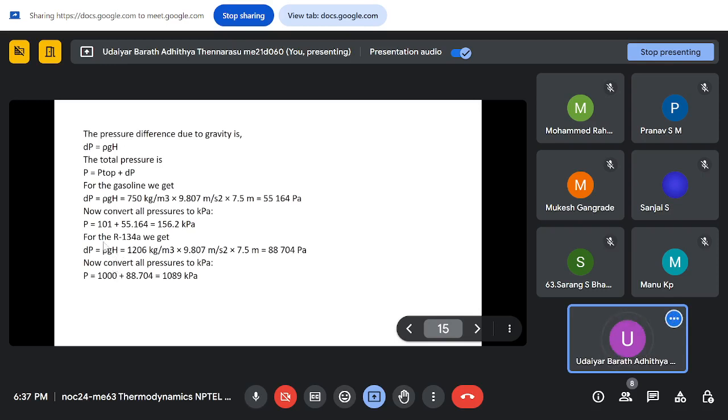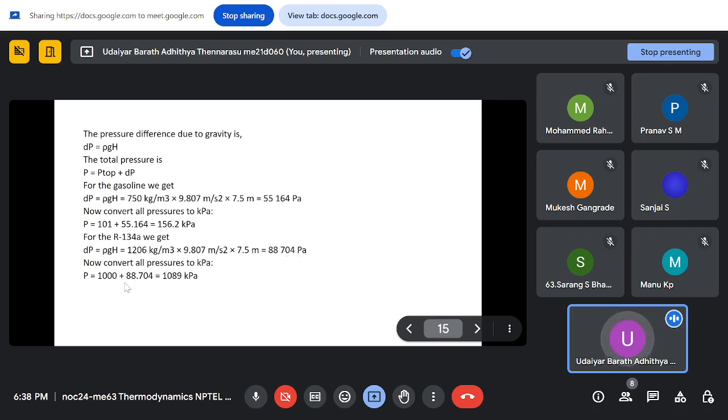So it's nothing but the pressure exerted due to the weight of the fluid which is above the part you are considering. So rho gh, where rho is 1206 for R134A, g is 9.807, and h is 7.5 meters, assuming the same tank. It will come out to be 88,704 Pascal, that is 88.704 kilopascal.